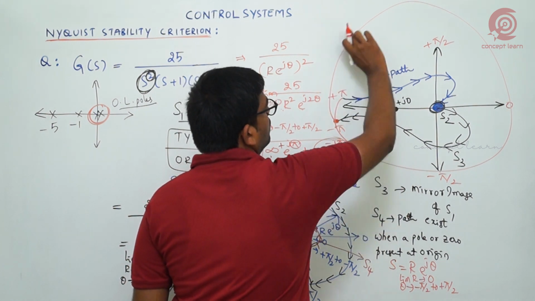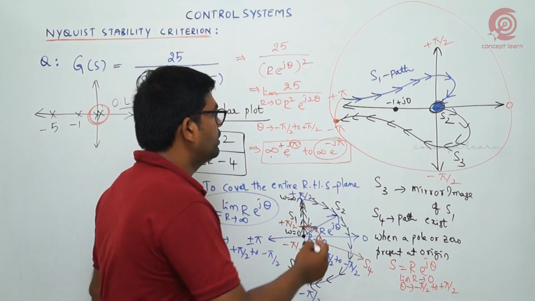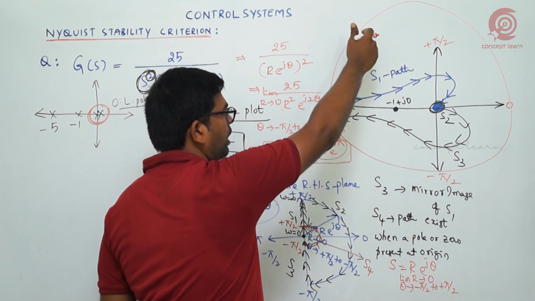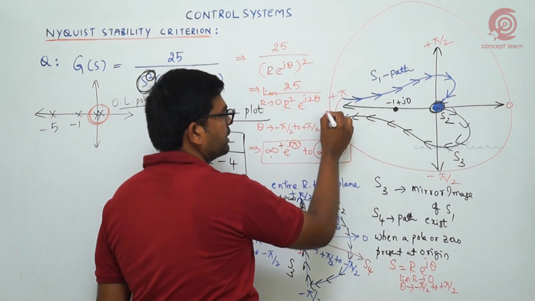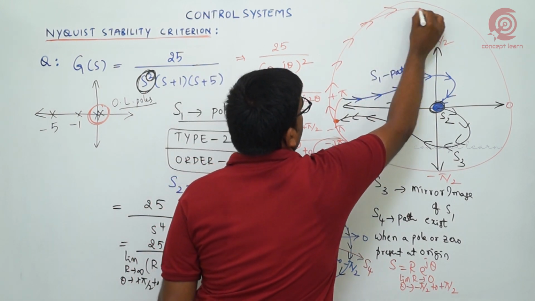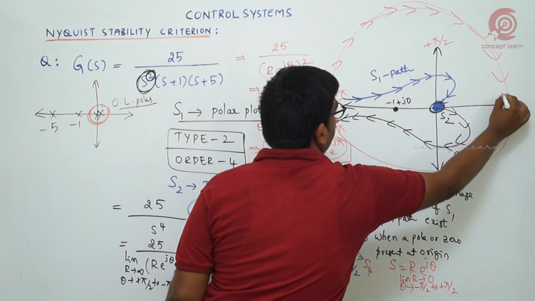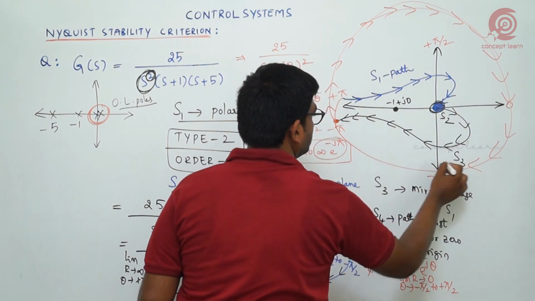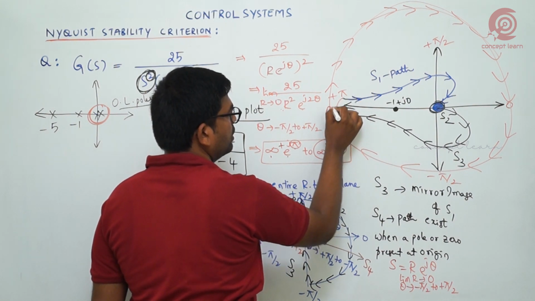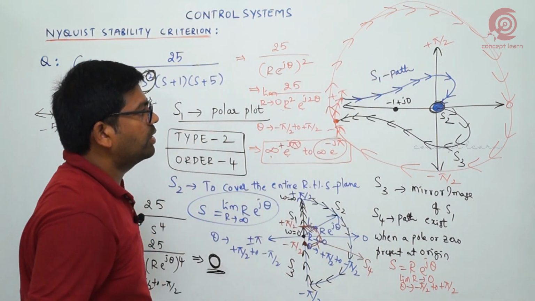Infinity means we are covering the entire plane, but the starting point is towards plus 180, so we go in the upper part. This is the direction we get, this is the path for S4. Wherever the starting point is, we map towards this.